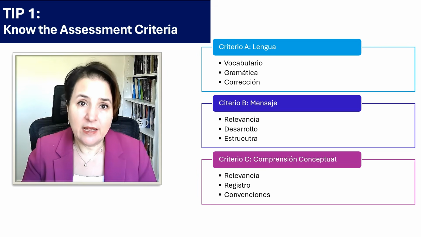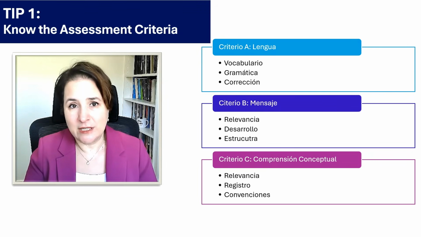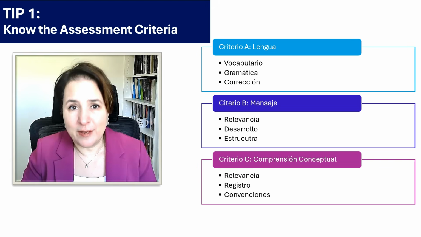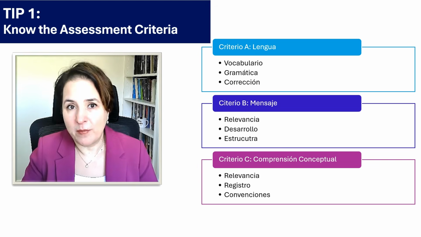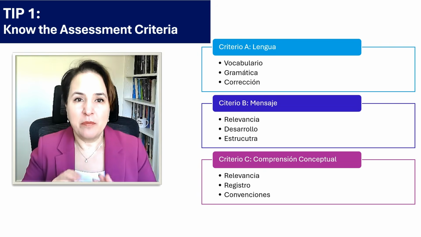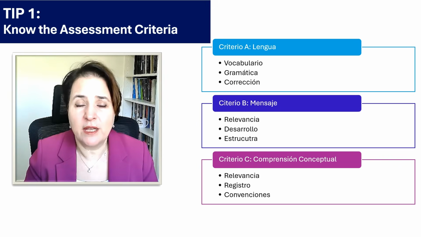Secondly, have you used the right register for the task? And finally, have you used all of the conventions that apply to this particular format, to this particular text type? So take some time, if you haven't done it already, going through the assessment criteria.